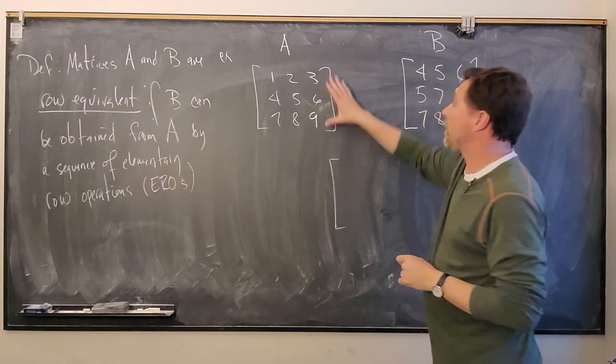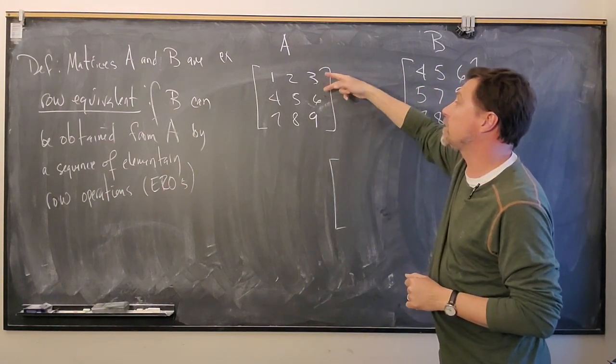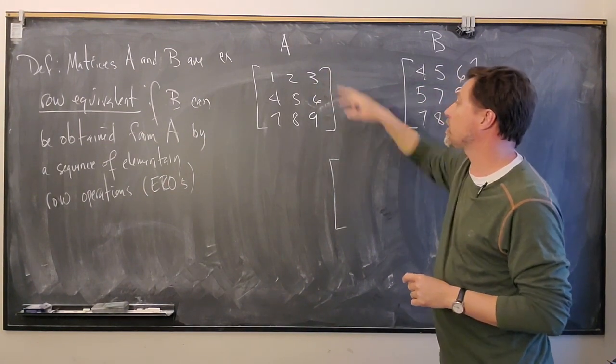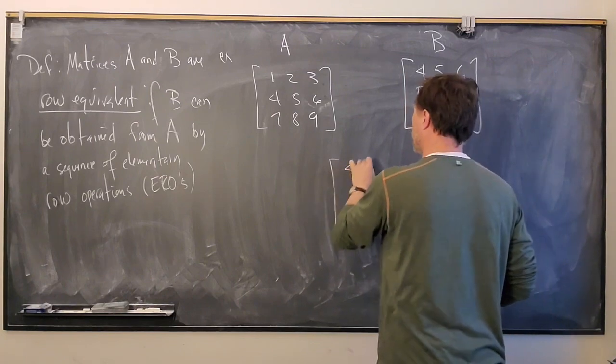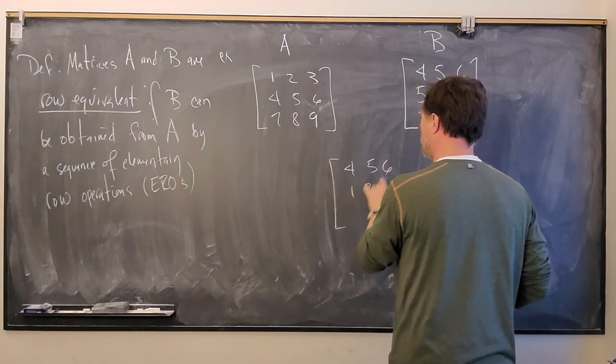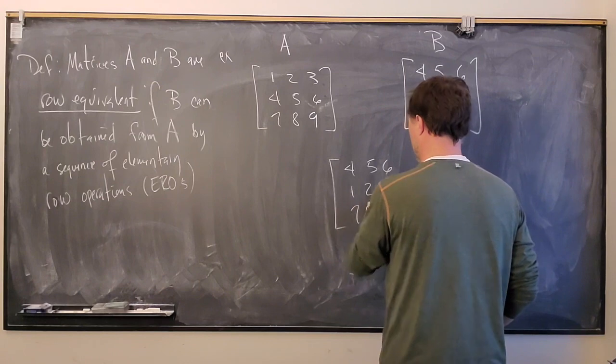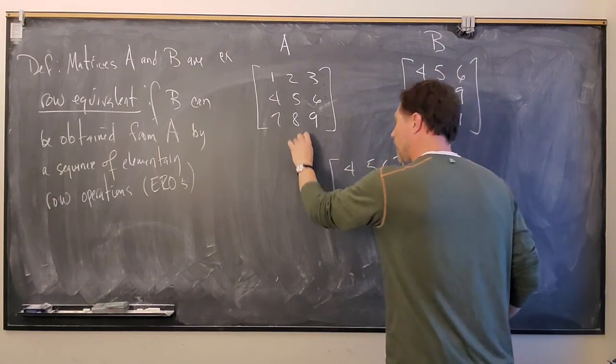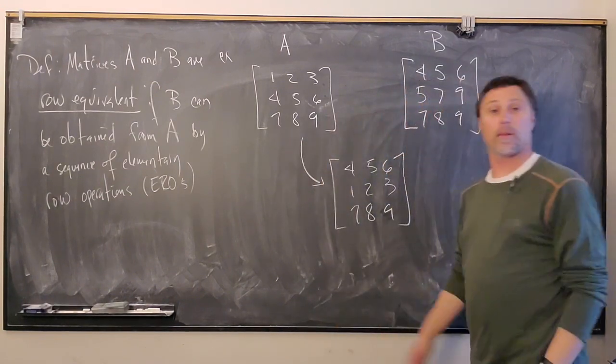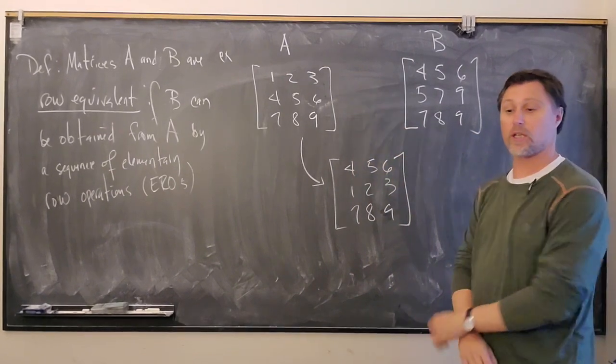What I want to do, I'm going to start with A. The first thing I would like to do is interchange the first and second rows. So that would give me 4, 5, 6, 1, 2, 3, 7, 8, 9. So there was an elementary row operation. One of them is interchanging two rows.